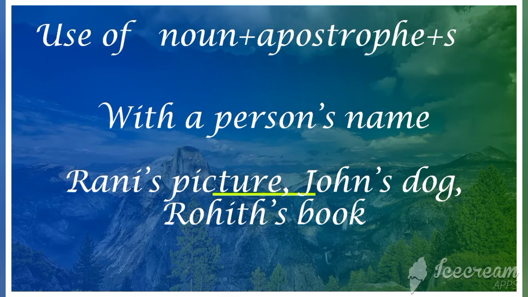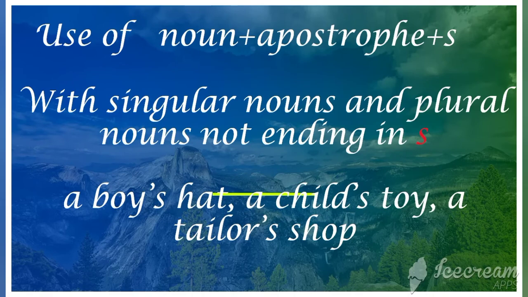Now the next one, with singular nouns and plural nouns not ending in s. If any singular or plural noun is not ending in s, we can add apostrophe s to show the possession. If it is ending with s, then it is a different form, but if it is not ending with s, then we follow this noun plus apostrophe plus s form.